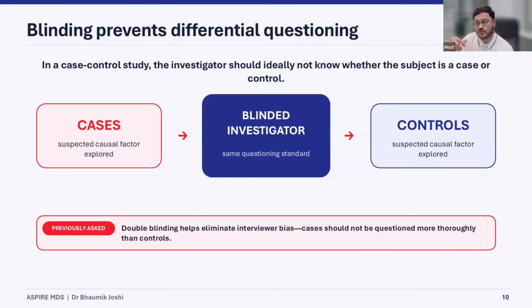Now, if you know that this group is given this antihypertensive and the other group is given placebo, then somewhere in your mind you'll be looking for reasons to find out that this drug has caused an effect in the first group, and has not caused an effect in the other group. This is the difference between the condition where the investigator knows which drug is given and the condition where the investigator doesn't know. So this prevents the investigator bias.